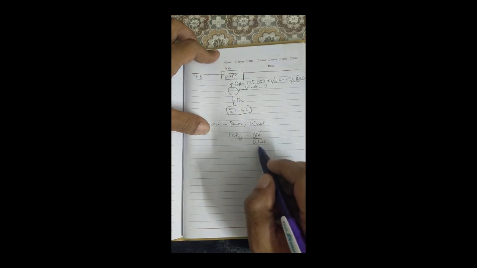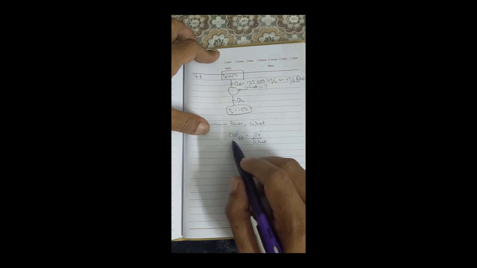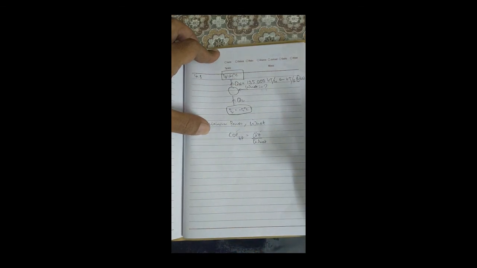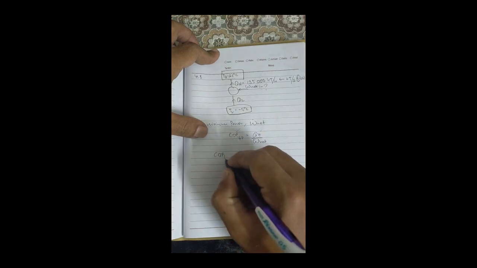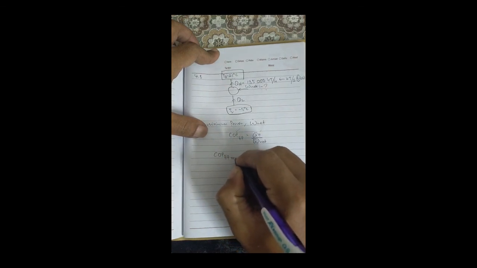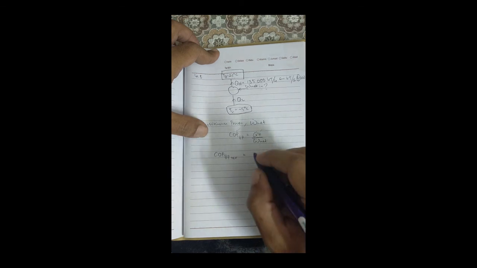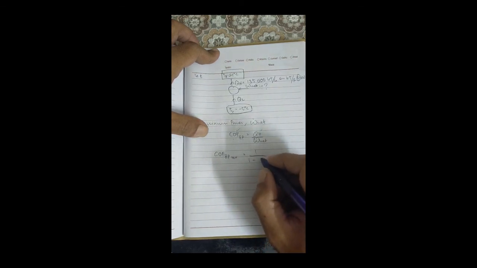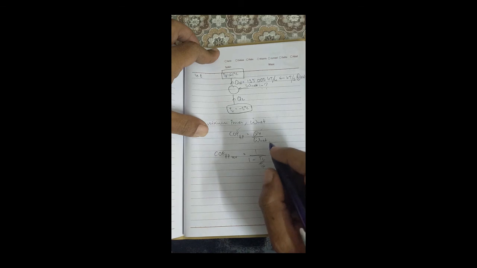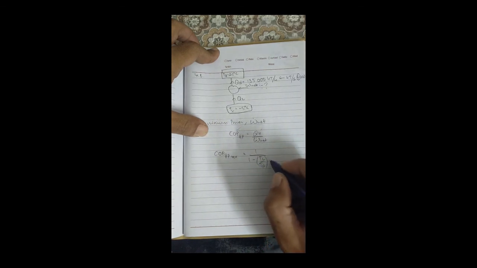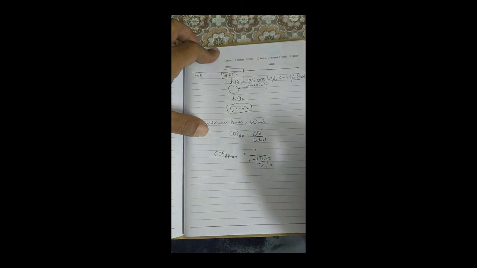This is what we want to find, but we also don't know the COP. So let us calculate the COP first. COP of a heat pump, if reversible, is 1 over 1 minus T low over T high. So bear in mind this is in Kelvin.